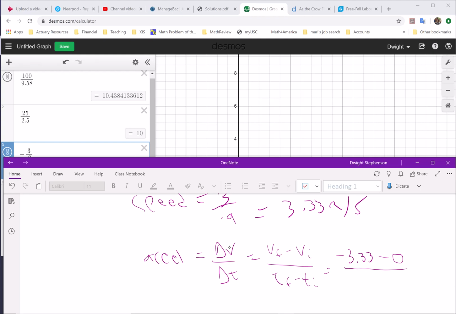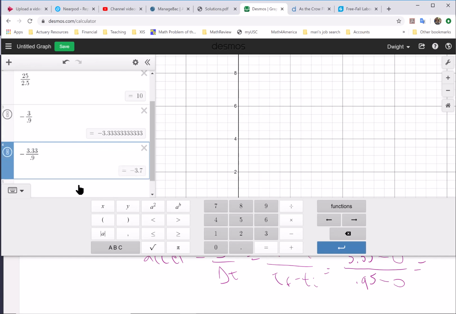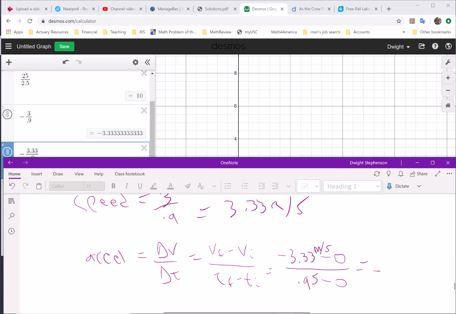And then the final time was 0.9, and the initial time was 0. Keep in mind, this is meters per second, and this is seconds. So we do negative 3.33 divided by 0.9, and we get negative 3.7 meters per second squared. And this is our average acceleration over the time frame when the shuttlecock was dropping.